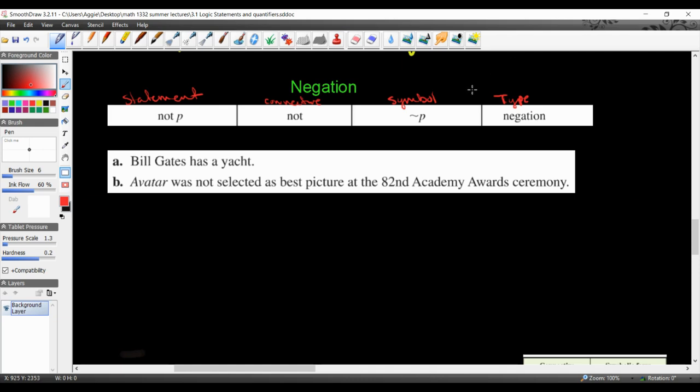So for this one, a negation is exactly as it sounds. It's kind of saying the opposite of what you have there. We have two examples here, letter A, letter B, and I'm just going to show you how to write them. The negation of Bill Gates has a yacht. If we're going to say the opposite of this, we would say Bill Gates does not have a yacht.